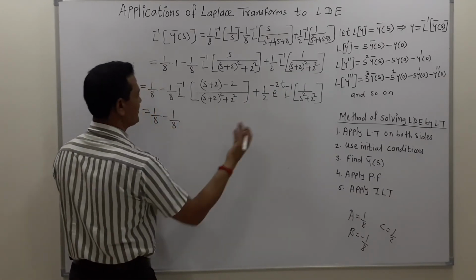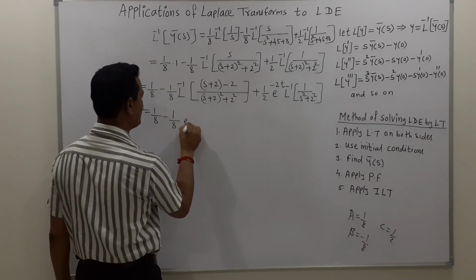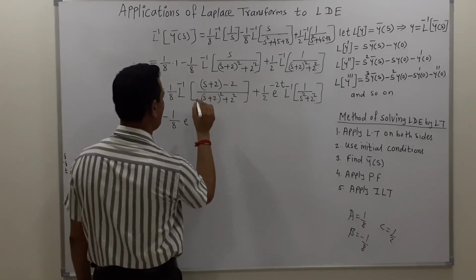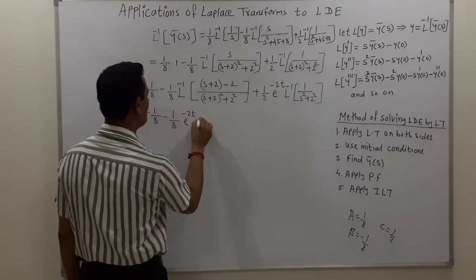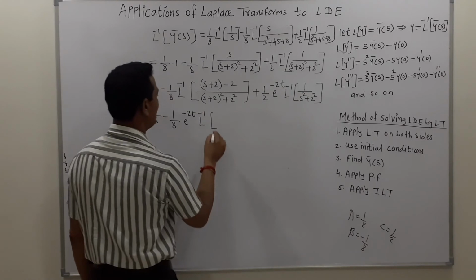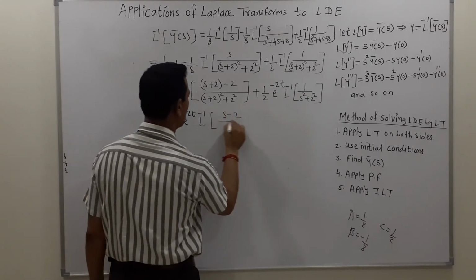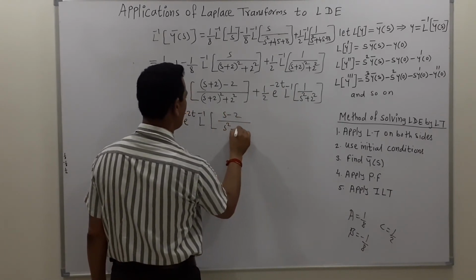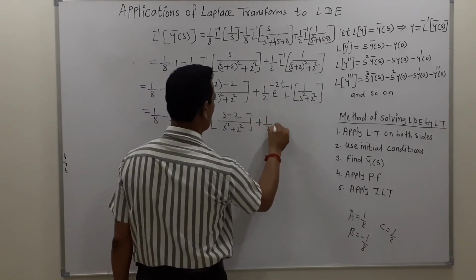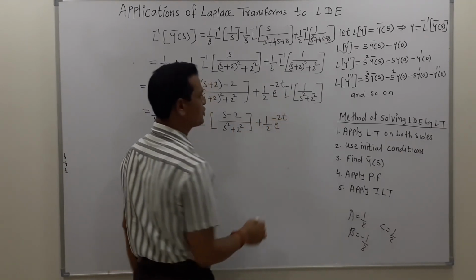So we can split this into two parts, or we may write this as e raised to minus 2t into inverse Laplace transformation of s minus 2 upon s square plus 2 square, plus 1 upon 2 e raised to minus 2t.